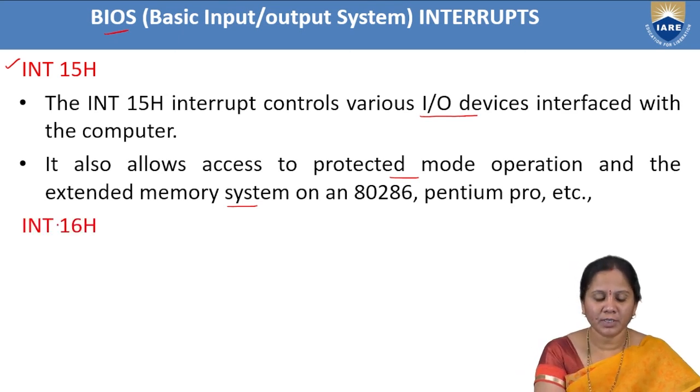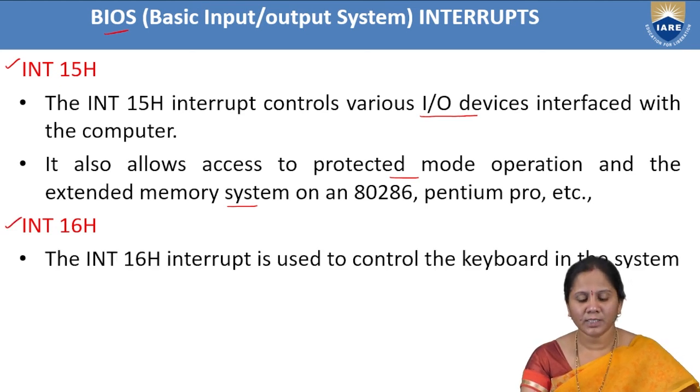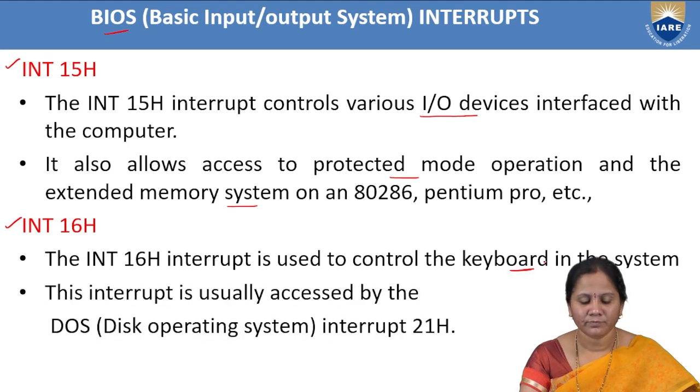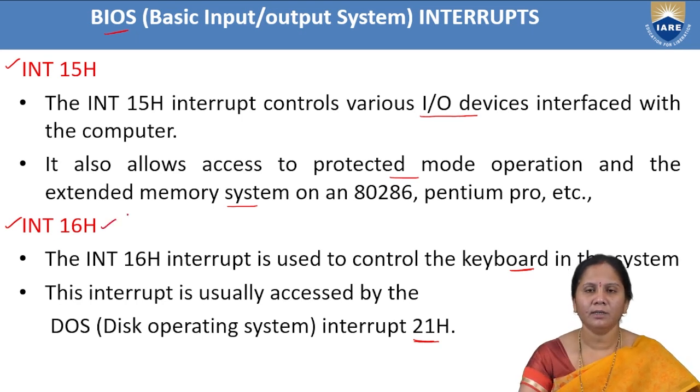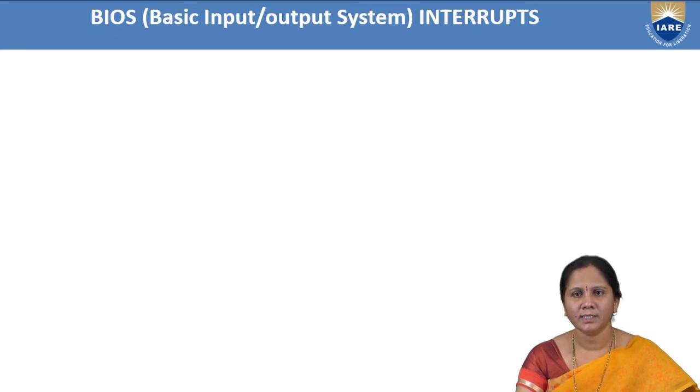The next BIOS instruction is INT 16H. When this instruction is executed, it is going to control the keyboard in the system. Generally, this interrupt can also be accessed by the DOS interrupt. Whatever operation is produced by the DOS interrupt INT 21H, the same operation is produced by INT 16H also. Both interrupts' operation is the same.